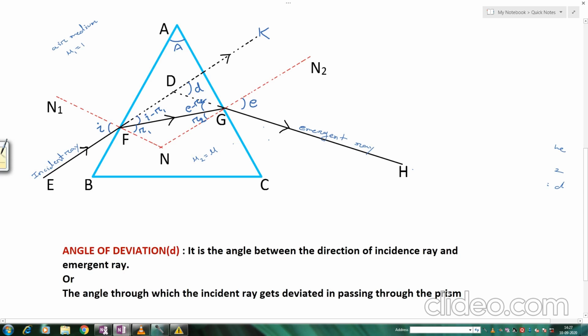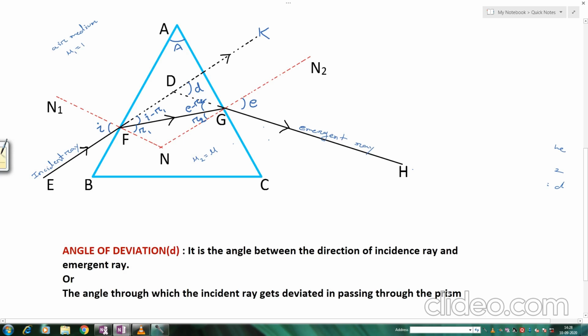Now this ray FG will go straight, but at the face AC it again suffers another refraction. So for the face AC, FG is the incident ray. Here the light is traveling from the optically denser to the optically rarer medium, so it will bend away from the normal. Here G is the point of incidence at the face AC.